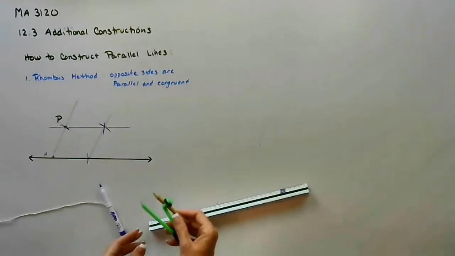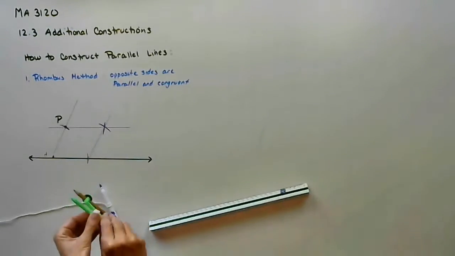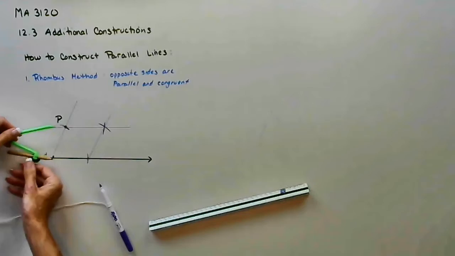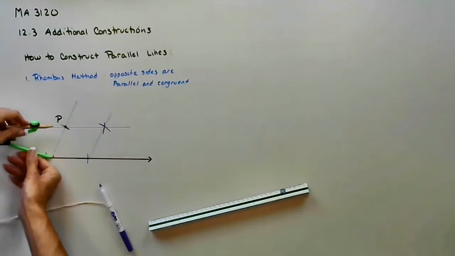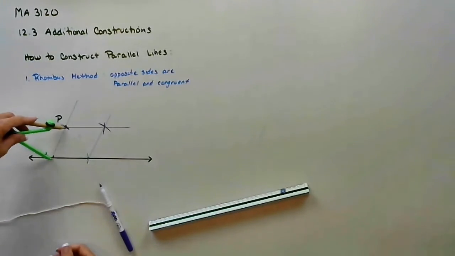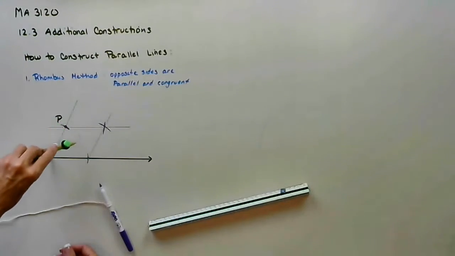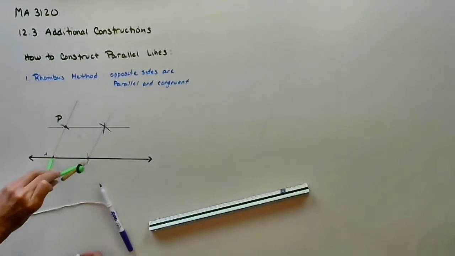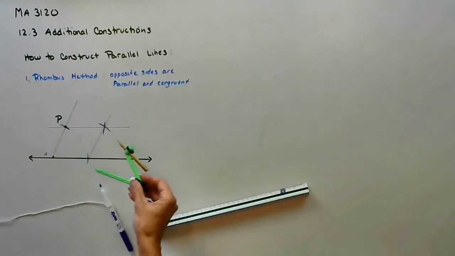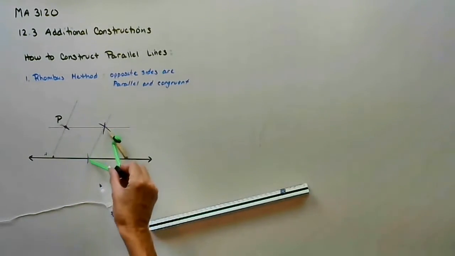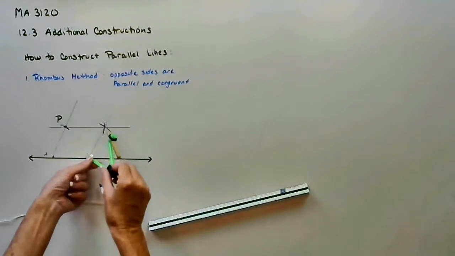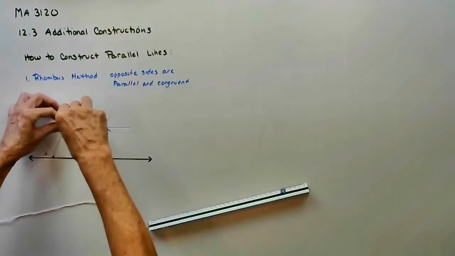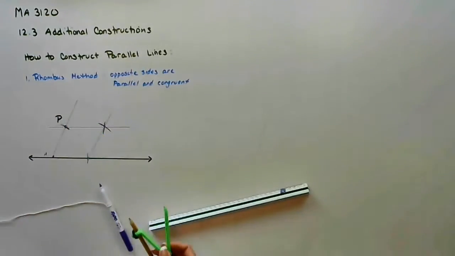All right, so when you have your compass and you open your compass up from A to P, and I swing that compass around, it's going to make a mark. Then, without changing your compass, swing an arc from each of these vertices, this vertex and this vertex, and they have a point of intersection.